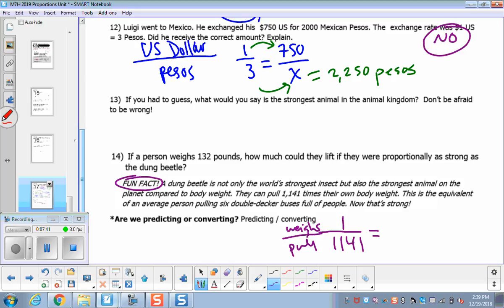We're going to use that to see if a human who weighs 132 pounds was as strong as a dung beetle, how much could they pull? So now we're just going to cross multiply and divide, or recognize the scale factor. In this situation, we're multiplying 132 times 1,141. That's 150,612 pounds, y'all.